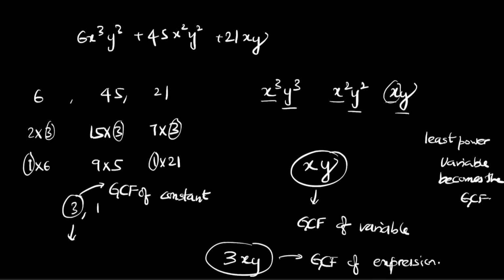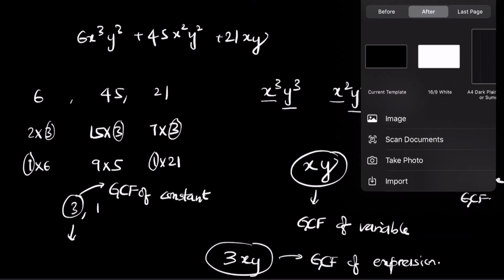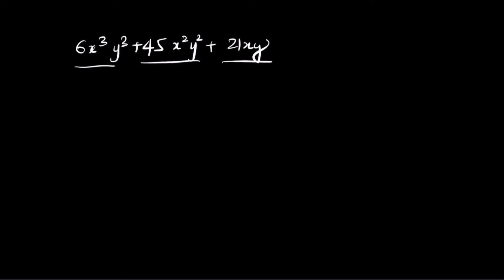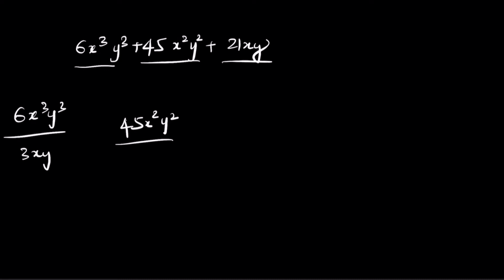So we have the GCF of the expression. What do you do with that GCF? You have 6x cube y cube plus 45x square y square plus 21xy. Divide each of these individual terms by the GCF: 6x cube y cube over 3xy, 45x square y square over 3xy, and 21xy over 3xy.